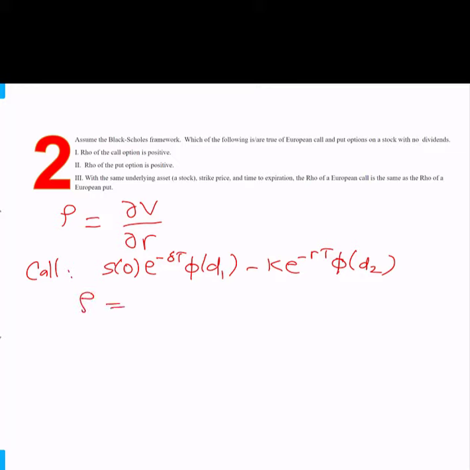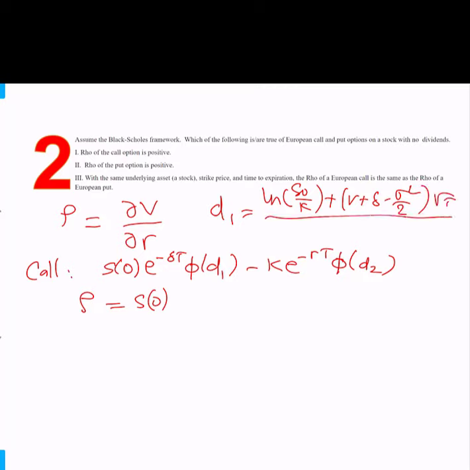So if you differentiate with respect to r, we got rho here. It should be S0. Remember, r is included in d1, right? Don't forget that d1 is equal to natural log of S0 over K plus r plus delta minus sigma square over 2, square root of T, over sigma square root of T. And this is r.